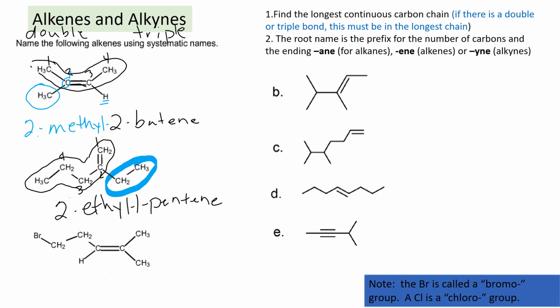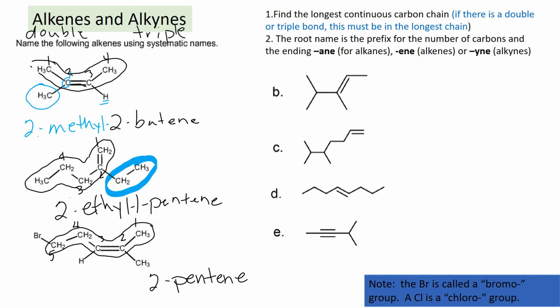Okay, so looking at the next one here, the longest chain has to contain the double bond, so we're going to go with this. And it's 1, 2, 3, 4, 5 carbons. Now notice we have a bromine on that. We're going to name that as a branch. So 5 is pent, so this is pentene. It's 2-pentene because the double bond is on carbon number 2.